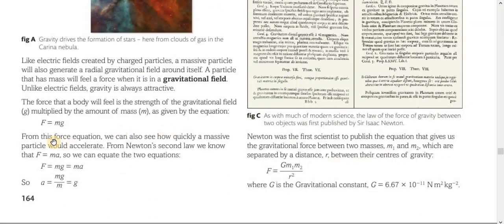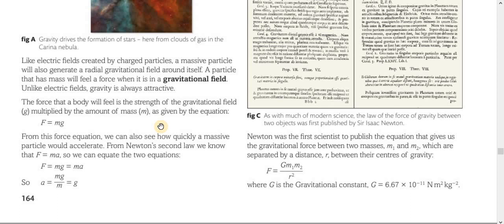Always this F is a resultant force, the net force. It is an unbalanced force. Sometimes students confuse this. That's why I always say that this is a resultant force. It is the net force on the body, which is F. So in Newton's second law, F is the net force. Now if you relate it to weight, then W equals mg.